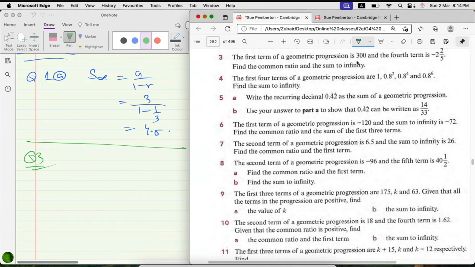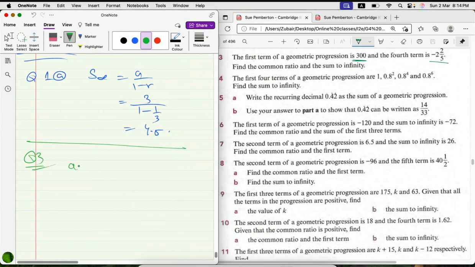The first term of the geometric progression is 300, and the fourth term is minus 12 by 5. So a is equal to 300, and ar cubed is equal to minus 12 by 5. Find the common ratio and sum to infinity.